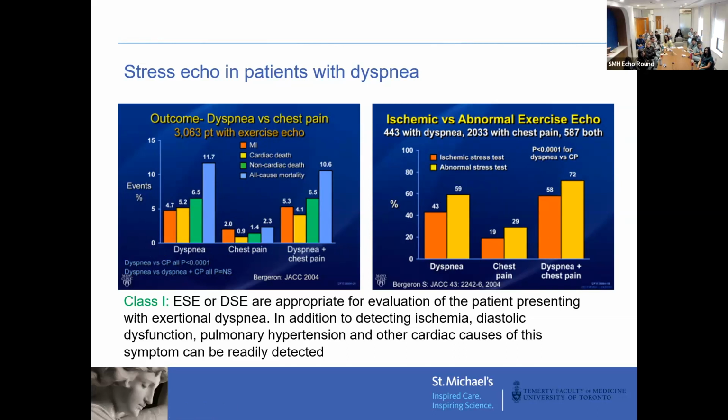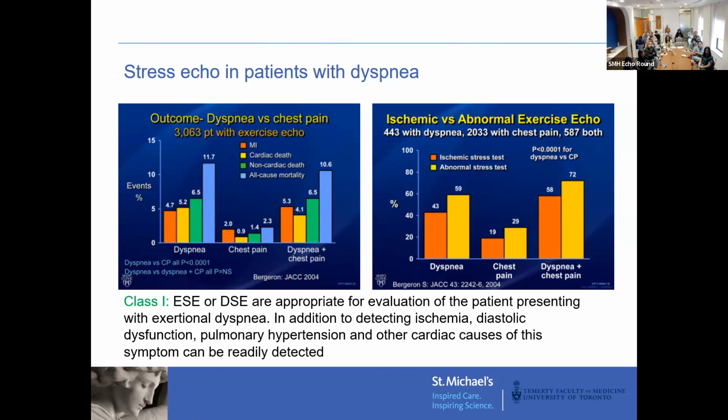All of this is to say that stress echo is very helpful in assessing patients referred with undiagnosed or not fully elucidated causes of dyspnea. For me, it's helpful to remember that for patients referred for dyspnea, I have to have a high index of suspicion.